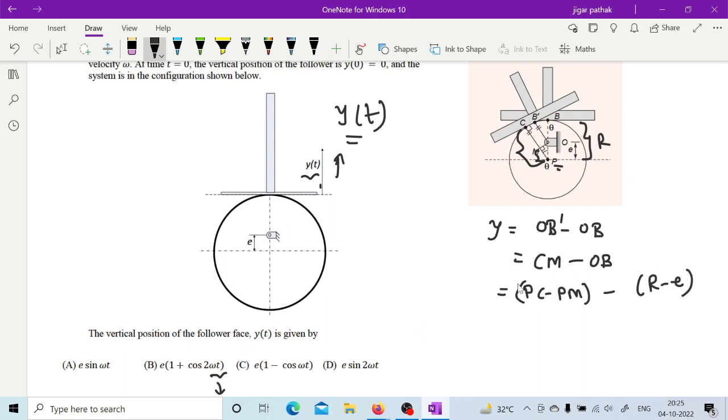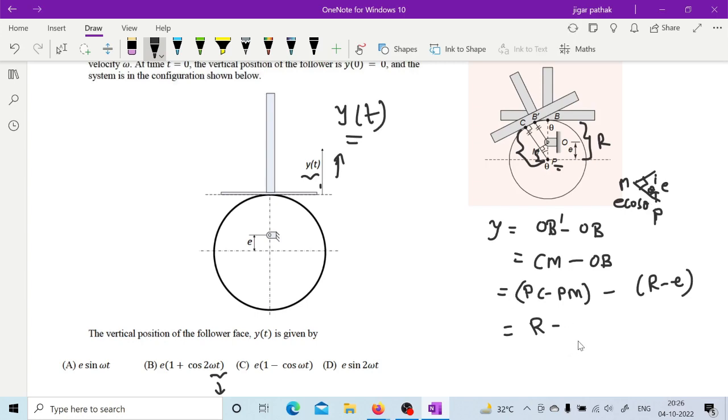And what is this PC? PC is again radius only. And what is PM? If you see this triangle, this is your PM, this is P and this is M, this is E, and here you have this theta. So PM is basically E cos theta.